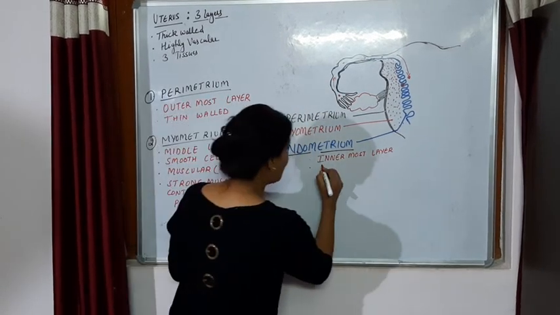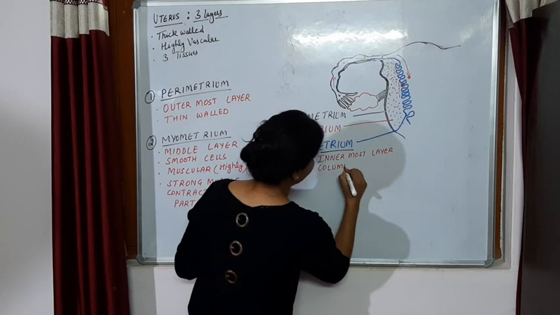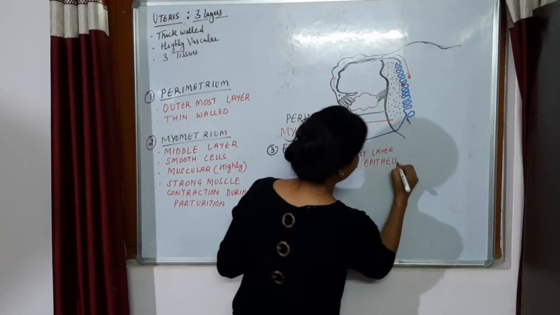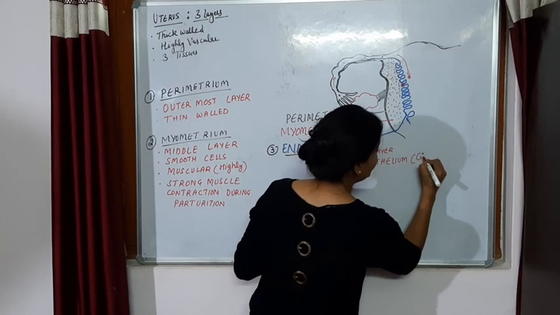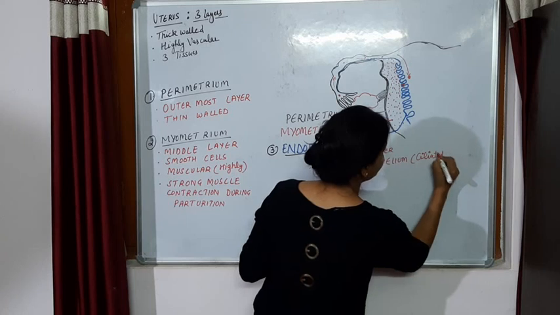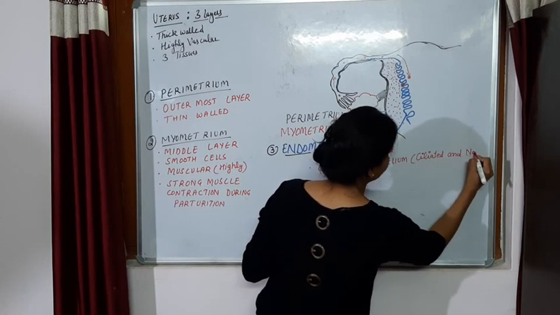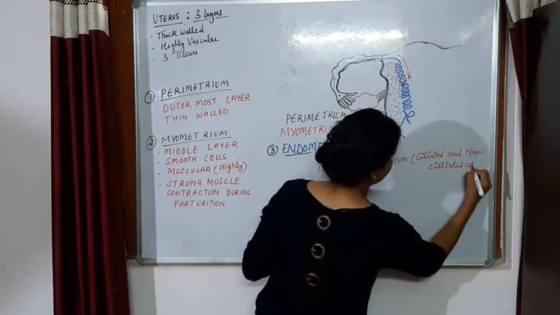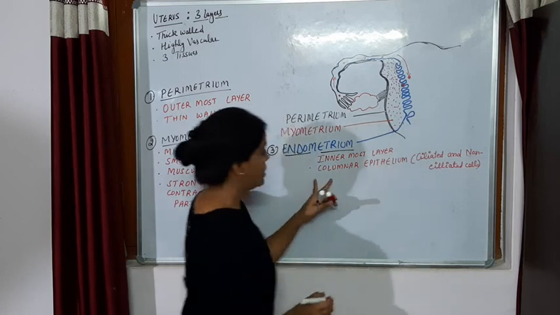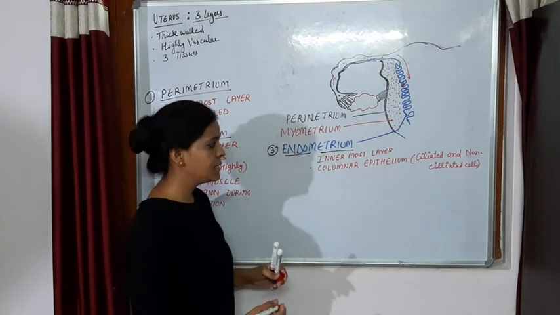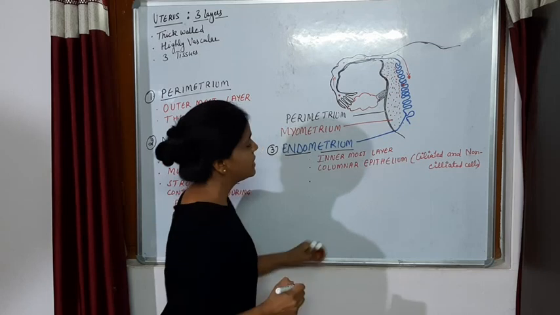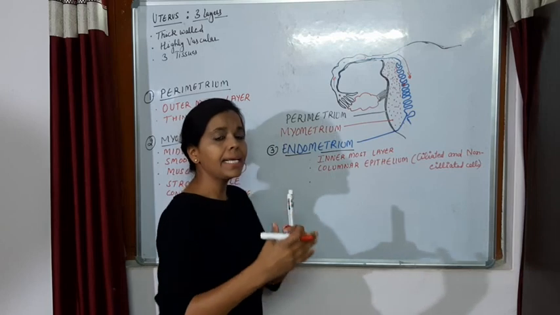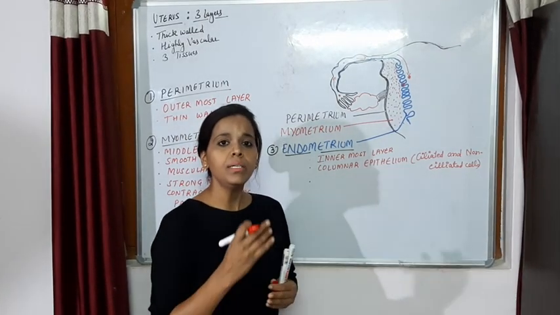Second, it is formed of columnar epithelium having both ciliated and non-ciliated cells, right? Columnar epithelium, ciliated and non-ciliated cells. The next point is that the endometrium undergoes cyclic changes during the menstrual cycle.